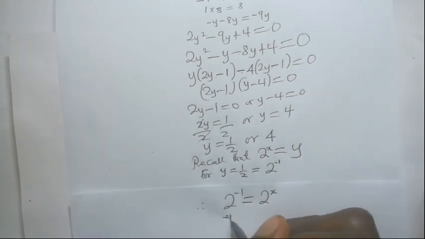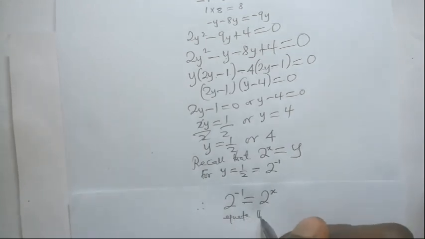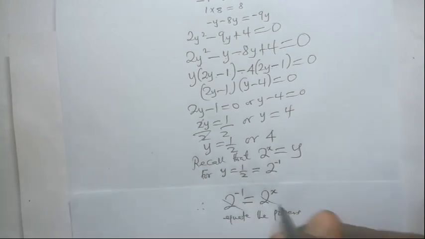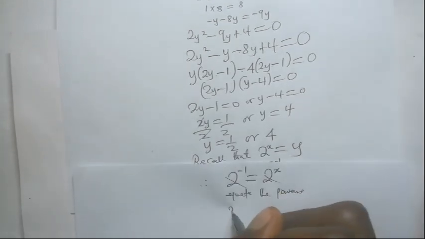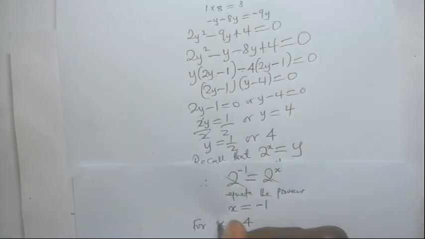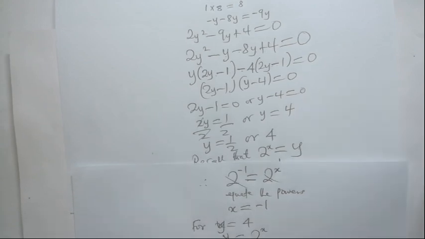So we are going to equate the powers. We now have x is equals to minus 1. Likewise, for y is equals to 4, our y is equals to 2 to the power of x. So in place of y, I will replace it with 4, which is 2 to the power of x. You get it?